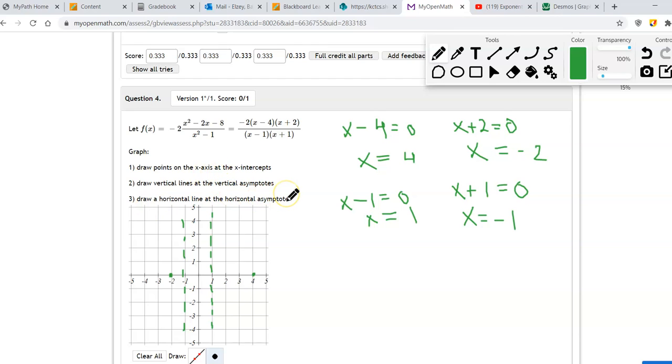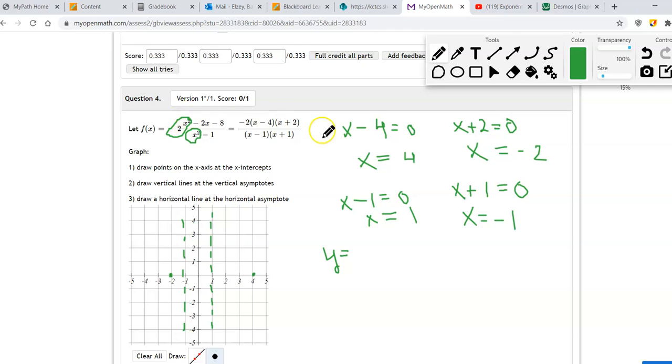And then the horizontal asymptote. Let's go back to the original here. There's really a -2 in front of this x squared. So this is a -2x squared, and this is an x squared down here, and they are the same exponent, same degree. And recall, if they're the same degree, our horizontal asymptote is the numbers that are in front of them.